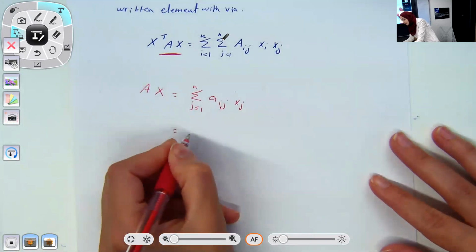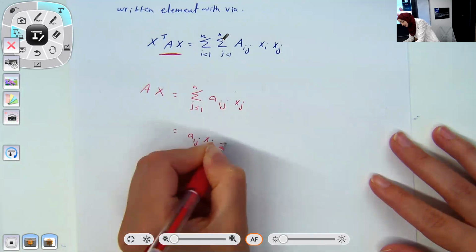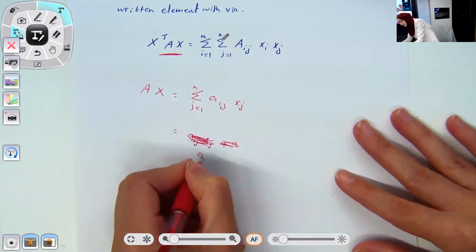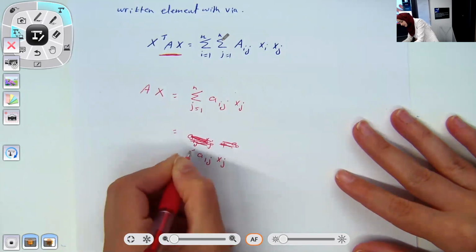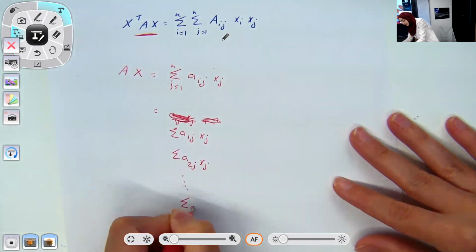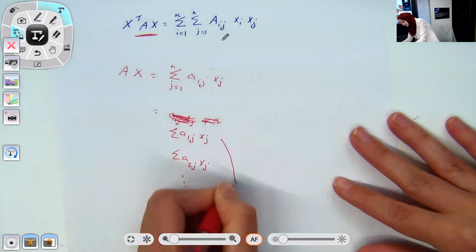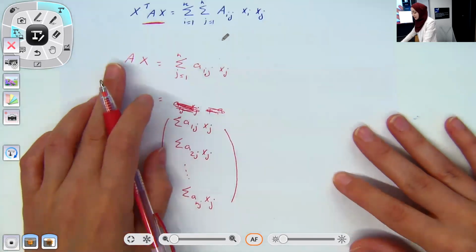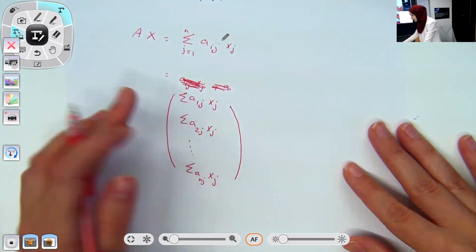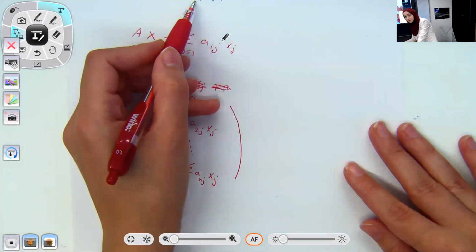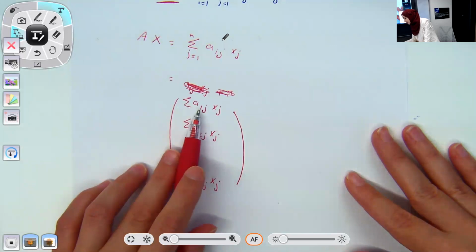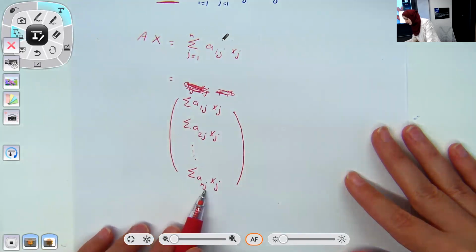This is equal to the summation of A1j xj, the first one, the summation of A2j xj, up to the summation of Anj times xj. This is the vector.